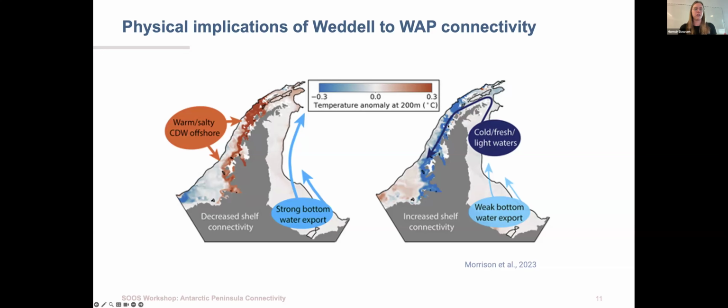And doing so would be incredibly challenging because the Western Antarctic Peninsula might be relatively well observed compared to some other regions of the Antarctic coast, but we don't really have long-term time series of dense shelf water production in the southern Weddell Sea. We can maybe get at that via satellite-derived estimates of sea ice production within the coastal polynyas there, but that production is not necessarily all indicative of dense shelf water formation.